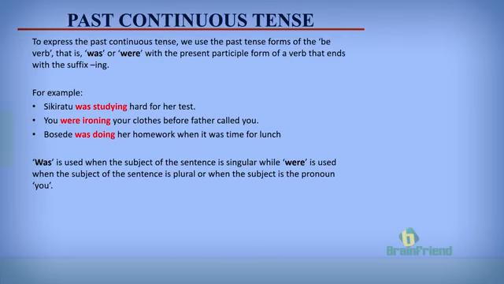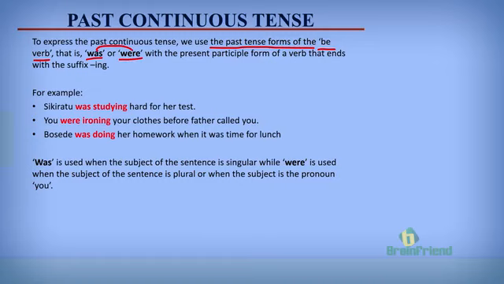Now, how do we express sentences in the past continuous tense? To express the past continuous tense, we use the past tense forms of the be verb. And the past tense forms of the be verb are the verbs was or were. These verbs are in past tense.